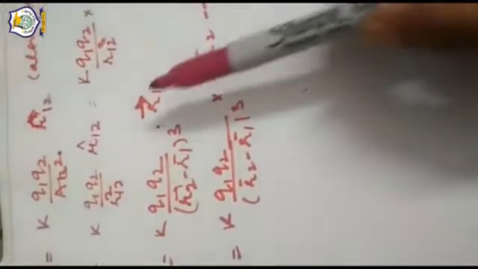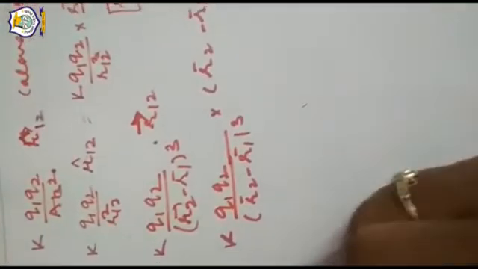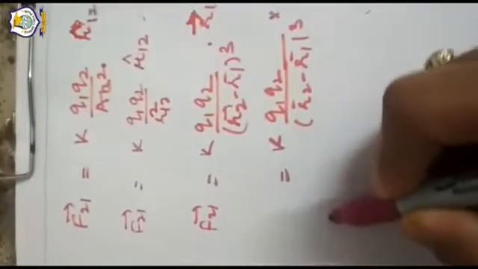Now F21 is equal to K Q1 Q2 upon, put the value of R12. We know that it is R2 minus R1, this cube will be there, and this is R12. Again, we can put the value of R12 also here.